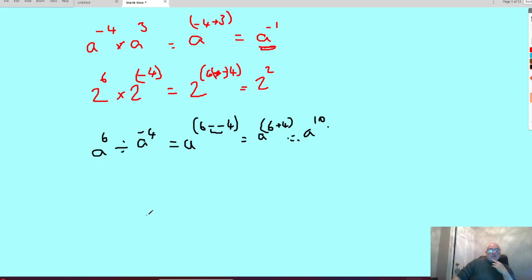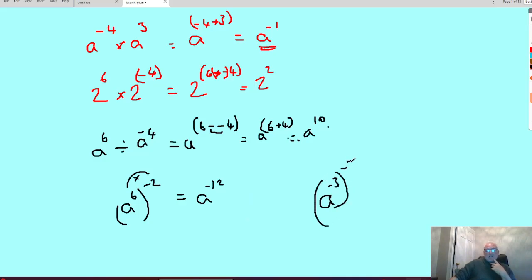And just like if I've got a to the power of 6 all squared raised to the negative 2, my base is still going to be a. I'm still going to multiply them out, so 6 times 2 is going to give me 12, but that's going to be a negative. The only other one I would say is if you've got a raised to the negative 3 and it's all raised to negative 2.